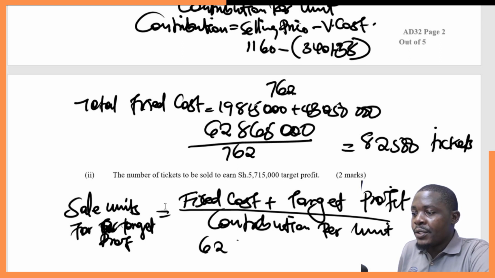Therefore, we are going to have 62,865,000.